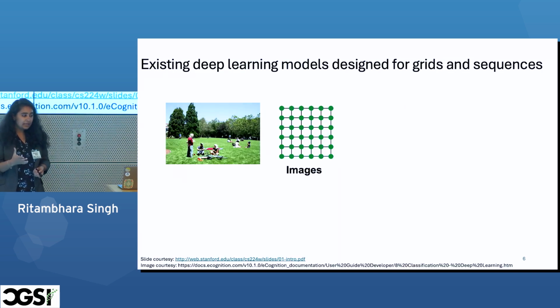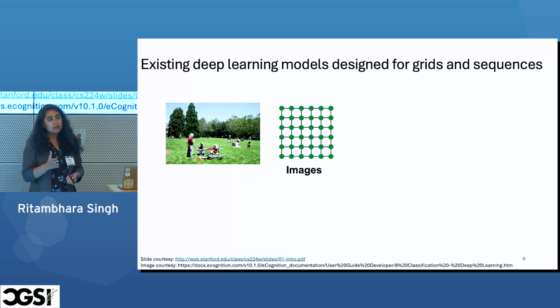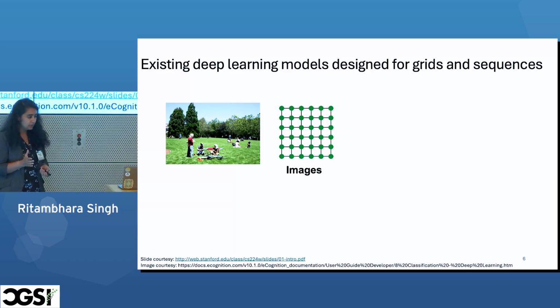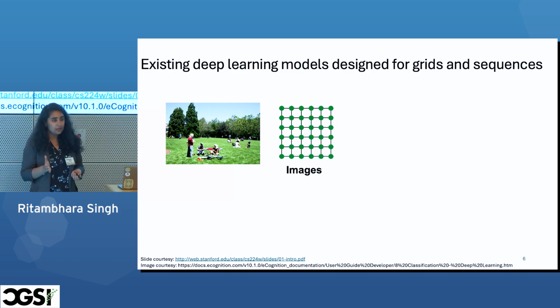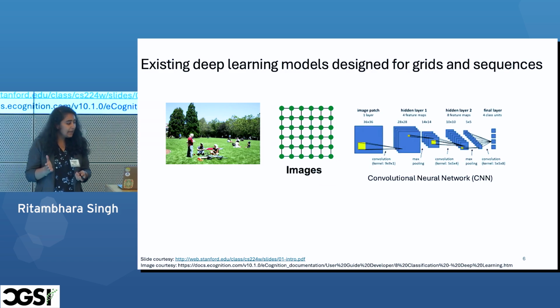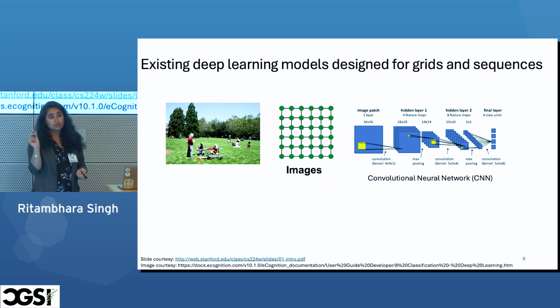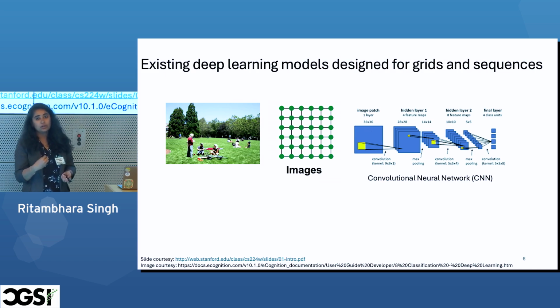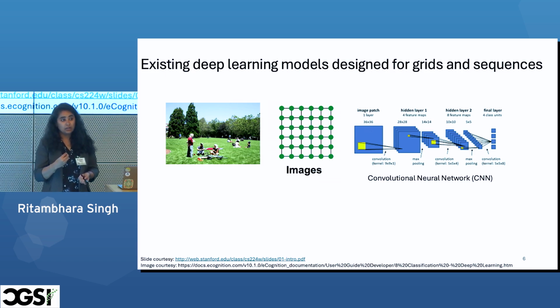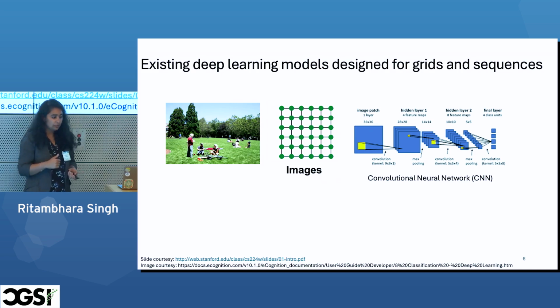So until GNNs were introduced, what was happening? It turns out that the existing deep learning models were working really well, but they were mostly designed for grids and sequences. When I say grids, I'm talking about an image, which is a grid of pixels. Convolutional neural networks work really well because convolution aggregates the information of neighborhood pixels, learns very nice local patterns and relationships, summarizes all that information, and makes very accurate predictions about what that image should be.